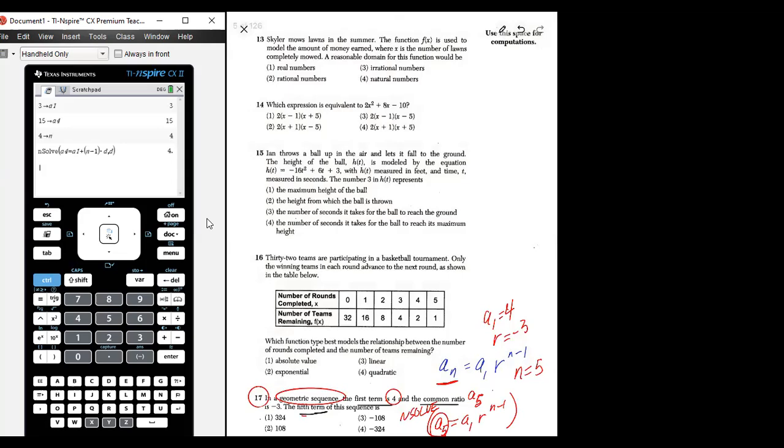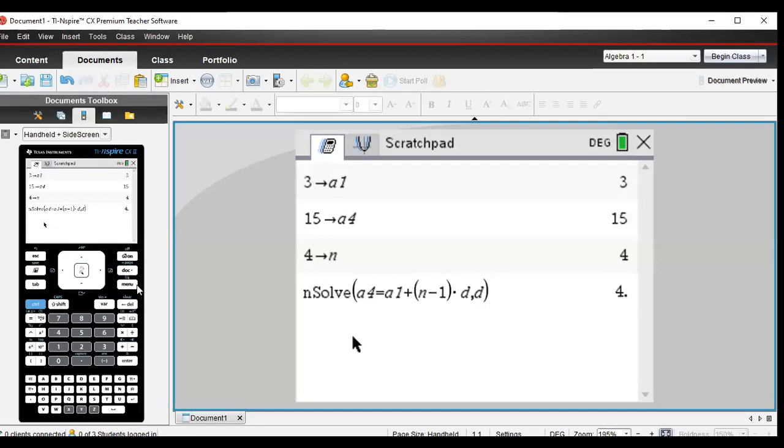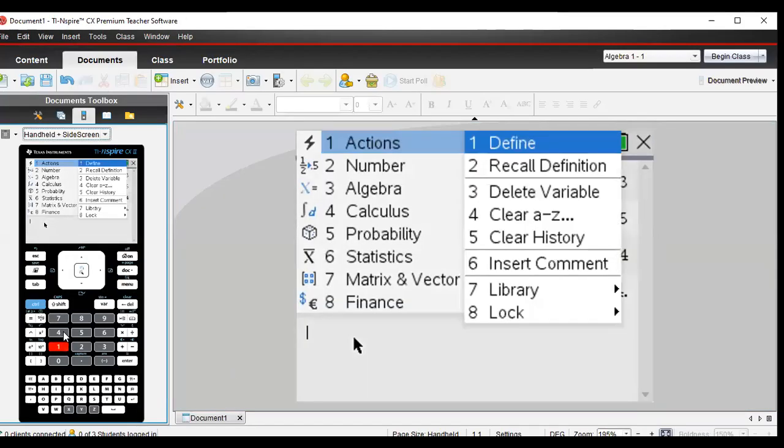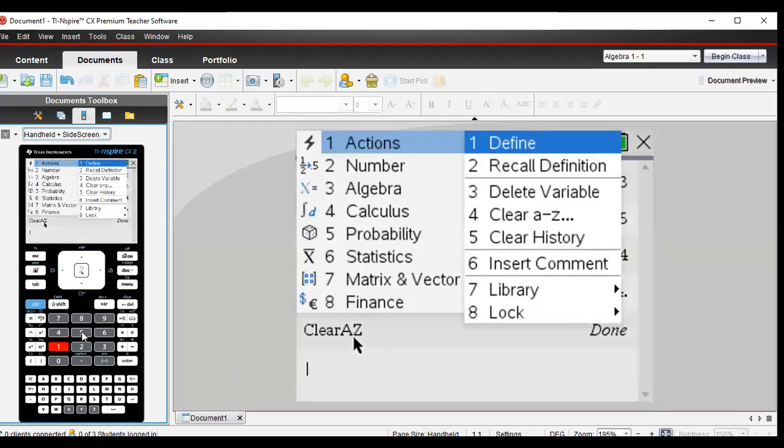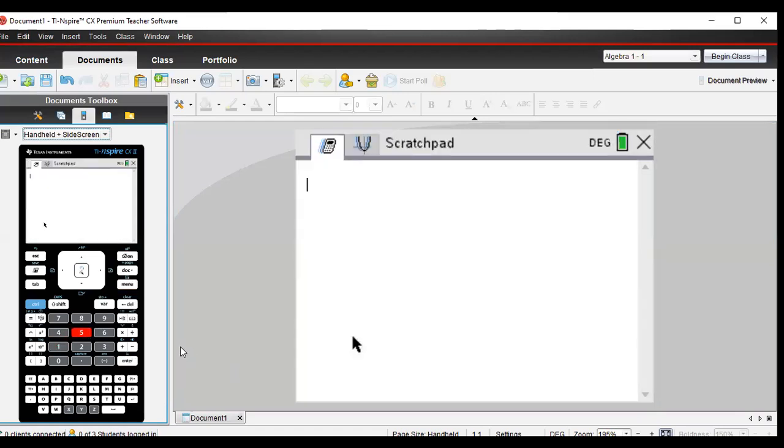So let me get my calculator up here, and let's finish this. So this will be menu 14. Let's get rid of all the stuff that was stored, and then let's clear the screen, menu 15. Now we're going to store 4 into a sub 1. So this is a1, and then we press enter.